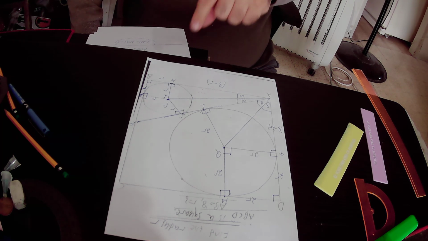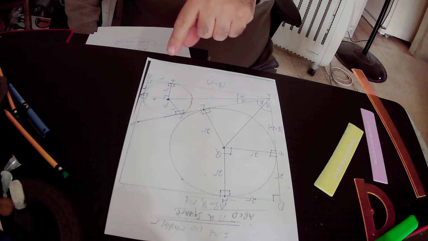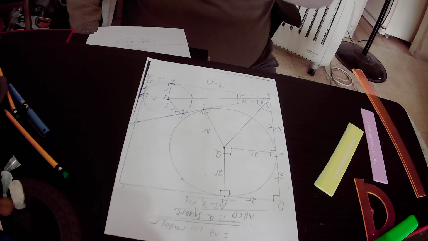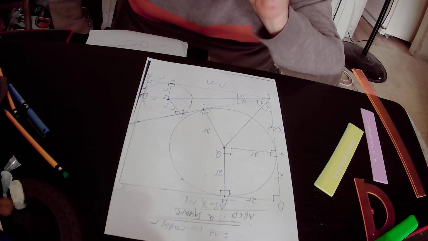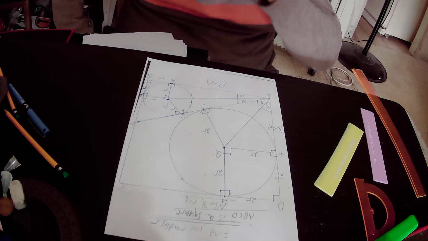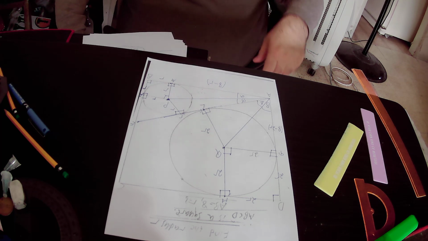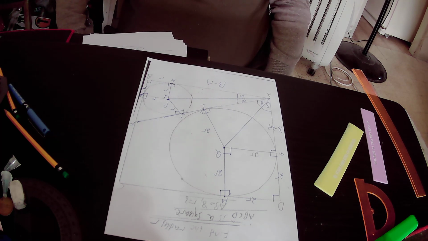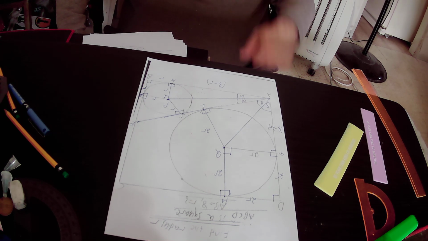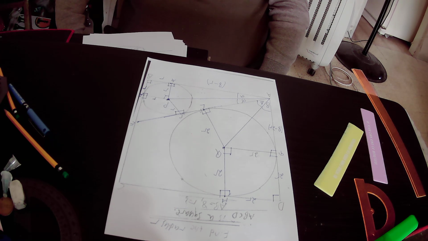And so here in quadrilateral PFMB we have four right angles. Therefore quadrilateral PFMB must be at least a rectangle. And we know that the opposite sides of a rectangle are equal to each other.